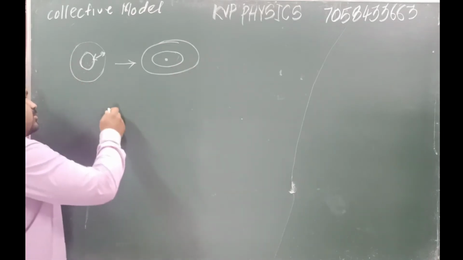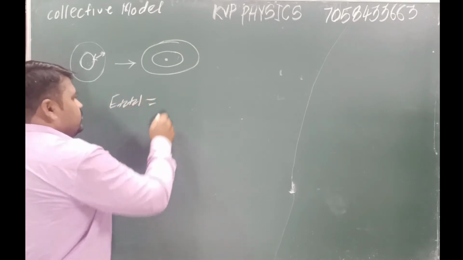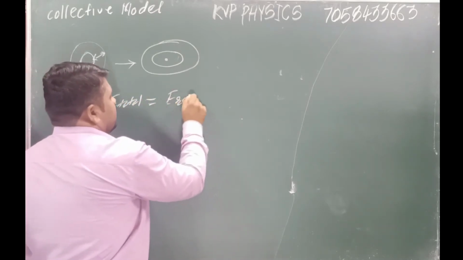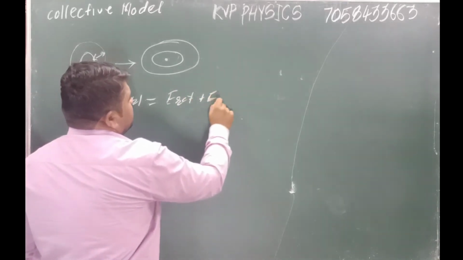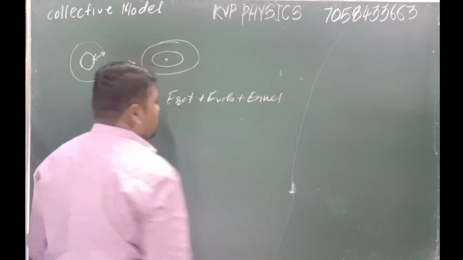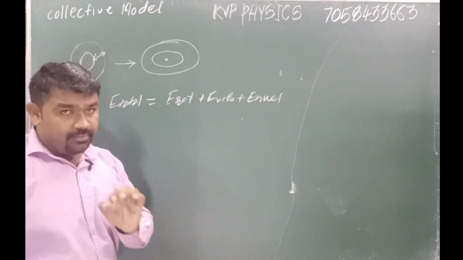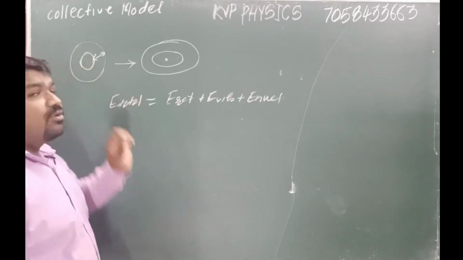Now, what is the total energy here? Total energy is equal to E rotational plus E vibrational plus E nucleonic. The rotational and vibrational energies are present in the core nucleus.